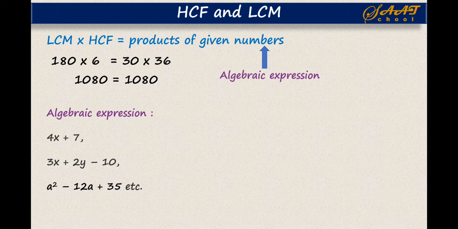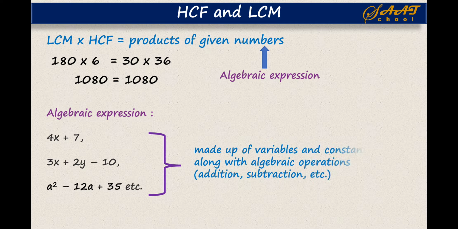So, algebraic expressions are made up of variables and constants as well as algebraic operators or mathematical operators like addition, subtraction. In this course, we will find HCF and LCM of these types of algebraic expressions.